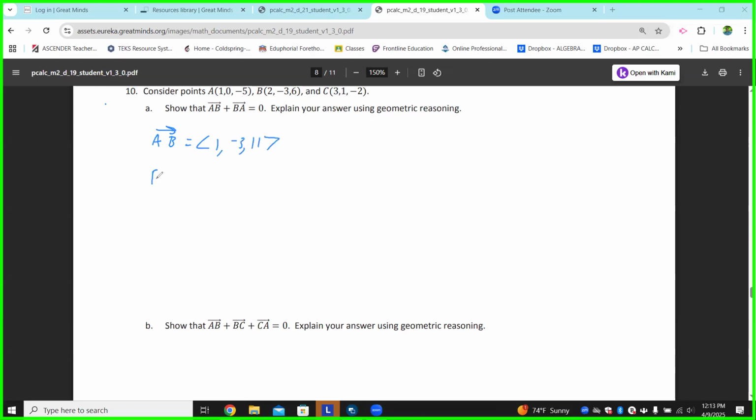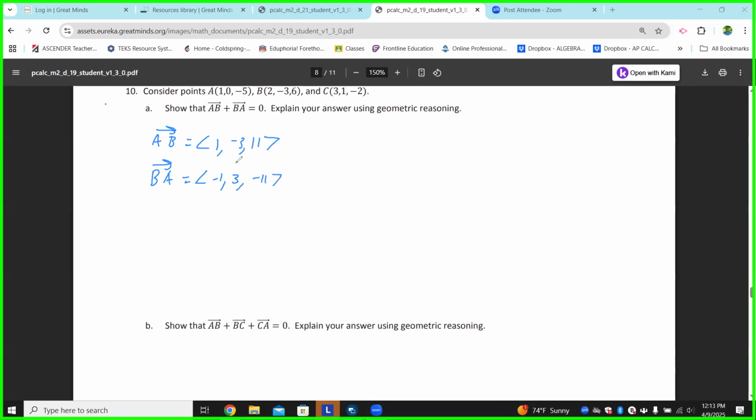All right, so now let's go find BA. This time I'm going to take A and subtract it from B. So 1 minus 2 would give me -1. Yes, sir. So 0 minus -3 was 3. Good. And then -5 minus 6 would give me -11.